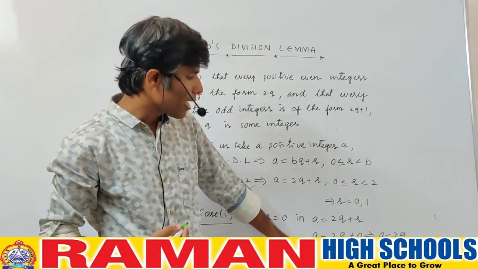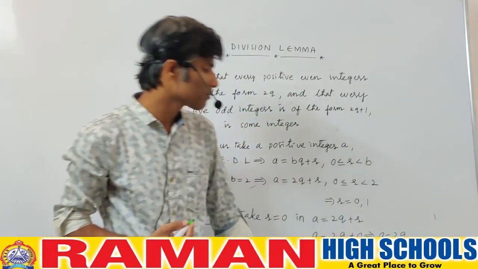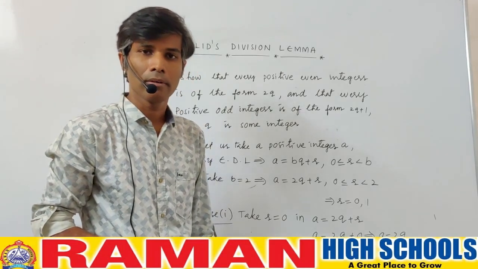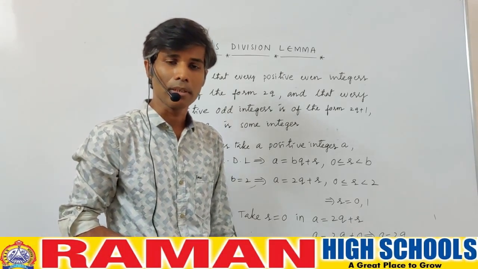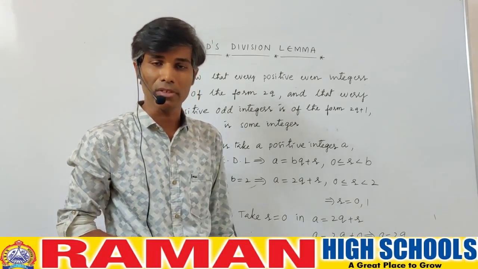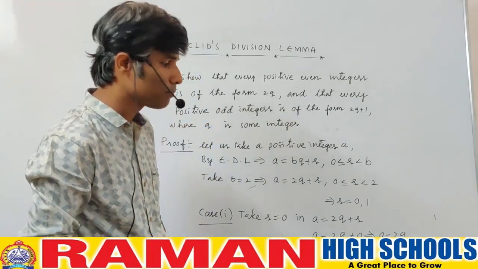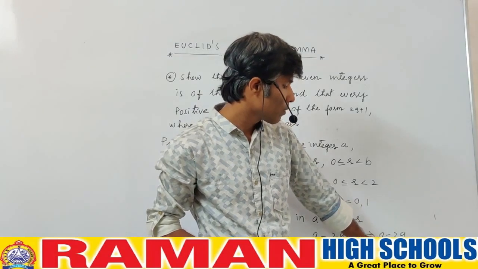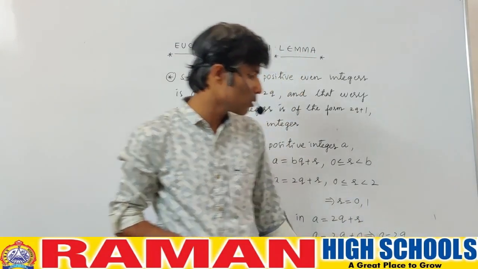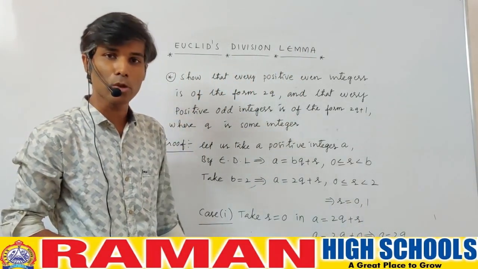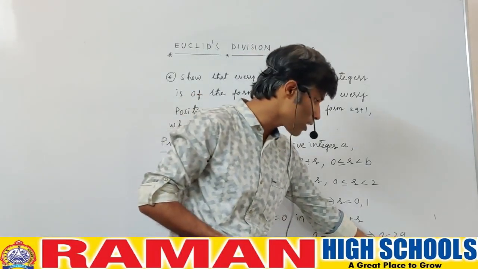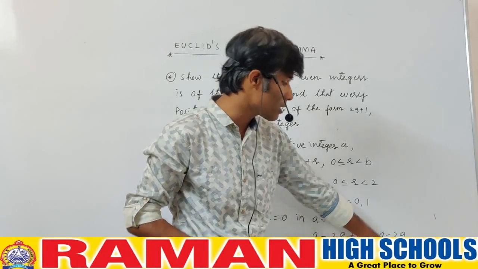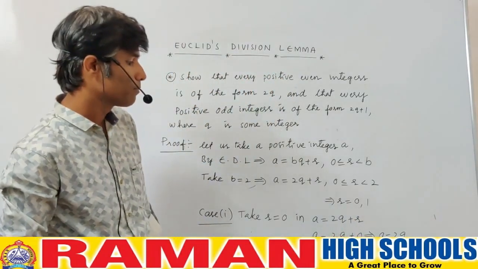Here you are getting a equals 2q, and already you have the definition of even number, that is, the number which is exactly divisible by 2 is called an even number. Here a is 2 into q, therefore that is exactly divisible by 2, therefore 2q is an even number. Therefore this positive number is an even number.